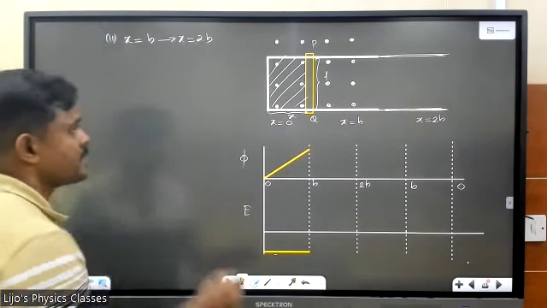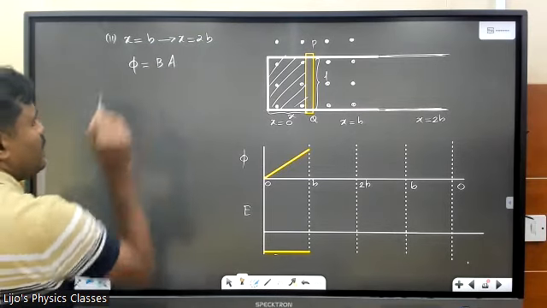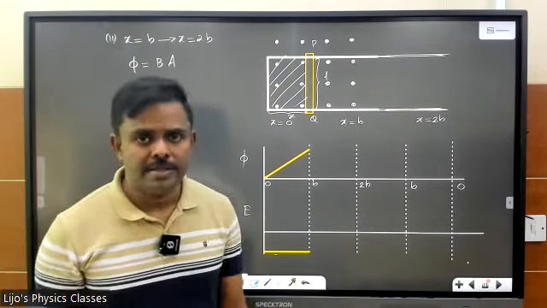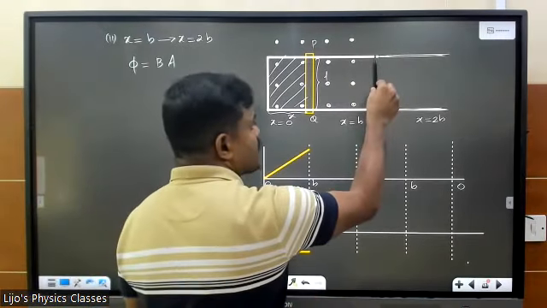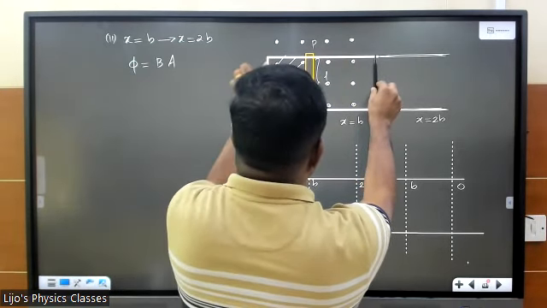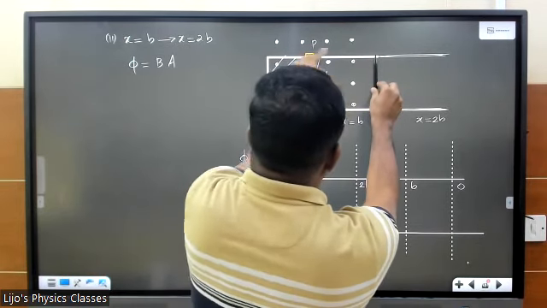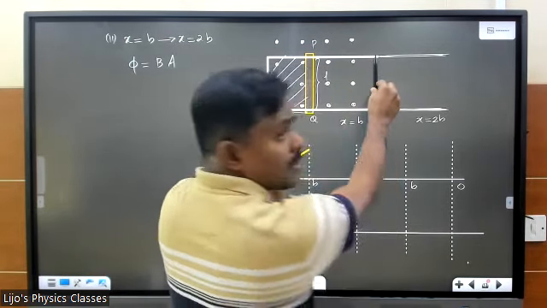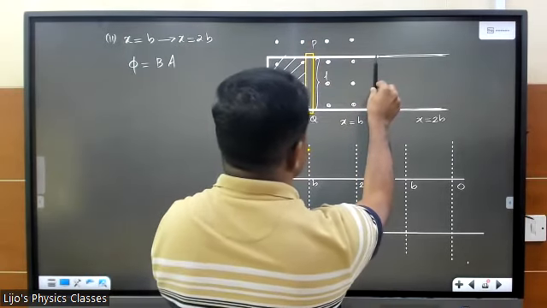In that case, flux is given by B into A as always. But wherever the conductor is, for example here, the area covered is this much. That means this is the circuit, and the circuit has this much flux associated with it.